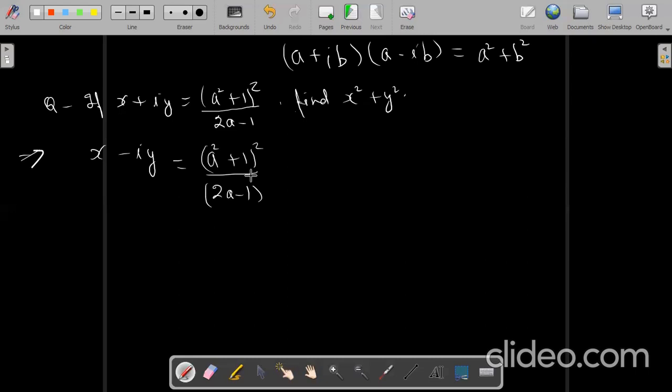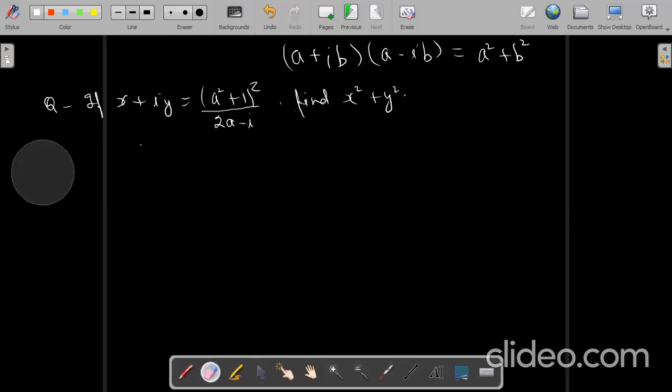Sorry, this is 2a minus iota. The question is wrongly copied. The denominator should be 2a minus iota, not 1. So whenever, as I told you before also, we have an iota in the denominator, first we have to bring it to the numerator.